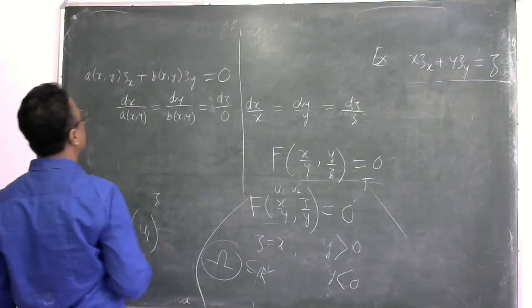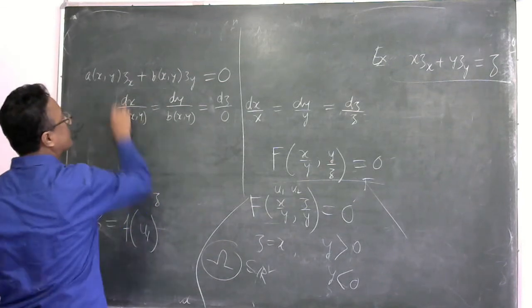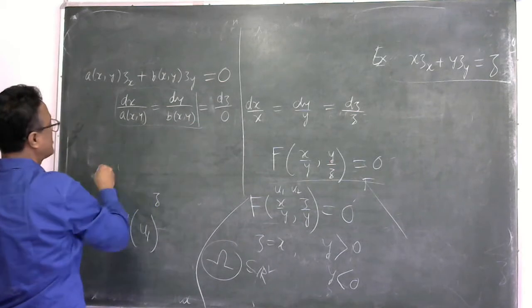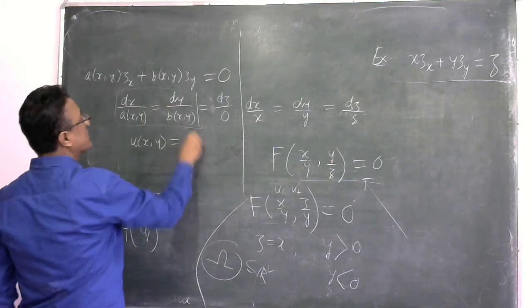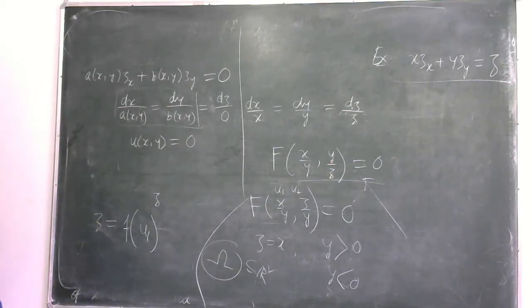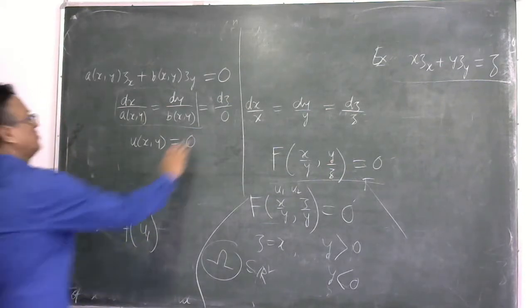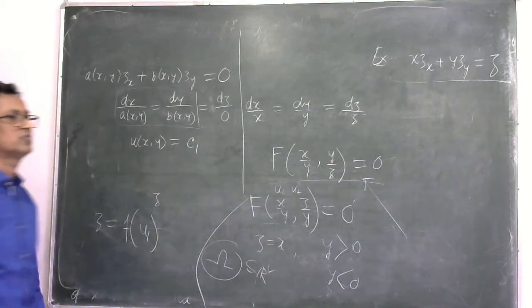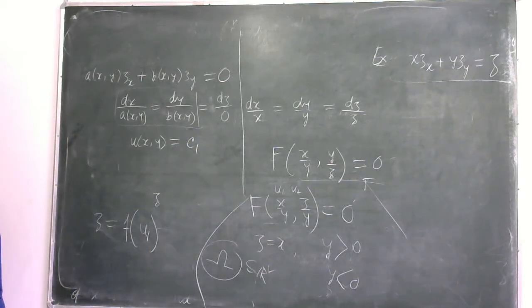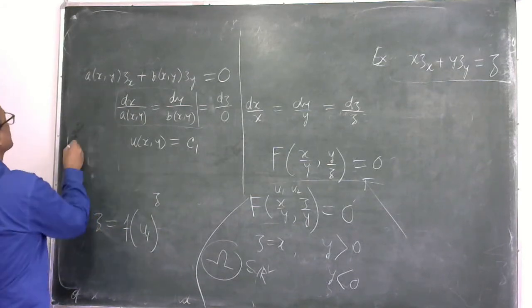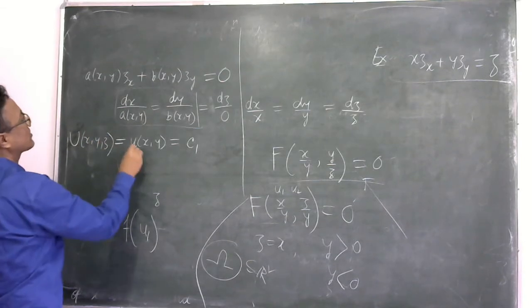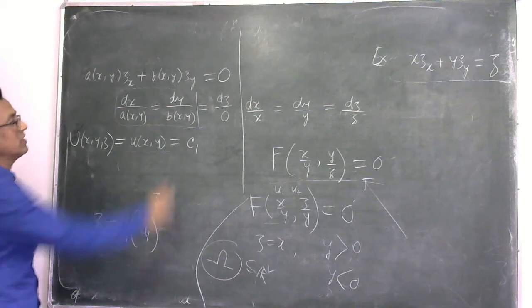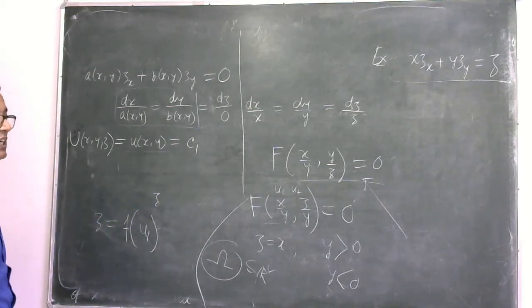Then from the first two ratios, you are going to get definitely some integral surface like this. Or sorry, not necessarily this. So basically what you are going to get is capital U of x, y, z equal to simply a function of x, y equating to some constant.